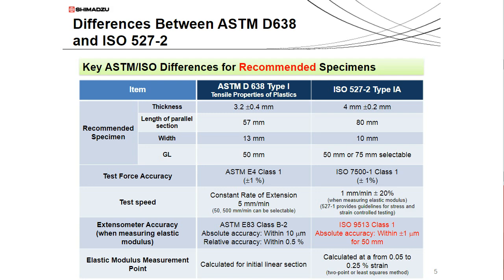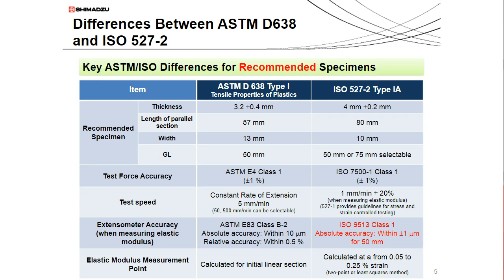And the ASTM E83 Class B2 accuracy, which I'll talk about as well in a little bit more detail. This specification for extensometer accuracy for elastic modulus is a focus of this presentation because there are very specific differences in the accuracy requirements for extensometry.